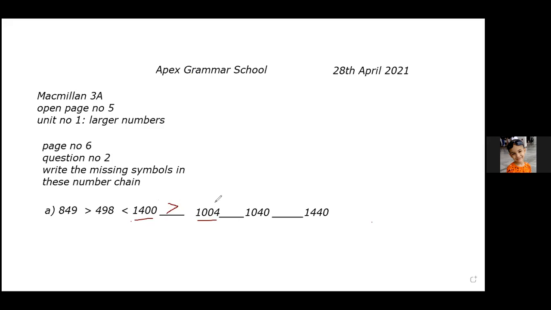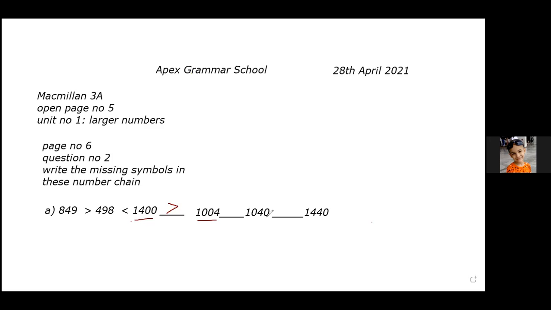Now come on the next one. We are going to compare this value and this one. Now this is 1004 and this one is 1040. So again we are going to use the formula of crocodile. He is very hungry.